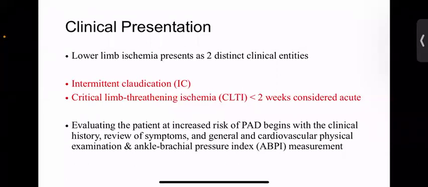We conduct a general examination as well as a cardiovascular physical examination, where we pay more attention to the pulses to see if we can pick up any diminished or absent pulses, any bruits on auscultation, and any other physical signs on the patient's lower limbs. Then to make a diagnosis, we use a simple in-office assessment known as the ankle brachial pressure index, where we measure and compare the BP at the ankle to the BP at the usual place in the upper arm.